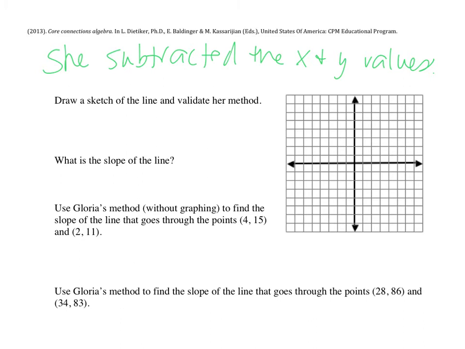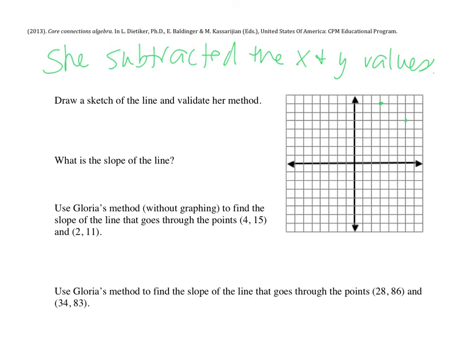So we're going to draw a sketch of the line to validate her method. So we will have a point at (6, 5). Okay, so 1, 2, 3, 4, 5, 6. 1, 2, 3, 4, 5. And there's another point at (3, 7). 1, 2, 3, 1, 2, 3, 4, 5, 6, 7.